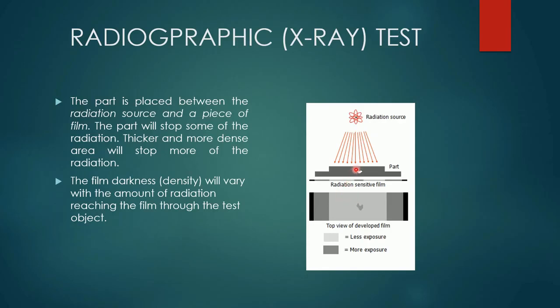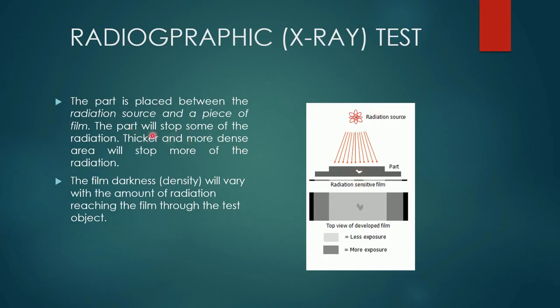So if in this particular part there is a void or crack, then the rays coming from the radiation source will be observed over here, and the intensity of that particular area will be different from the adjacent material. You can see the part is placed between the radiation source and a piece of film. The radiation source is here and the film is over here, right?